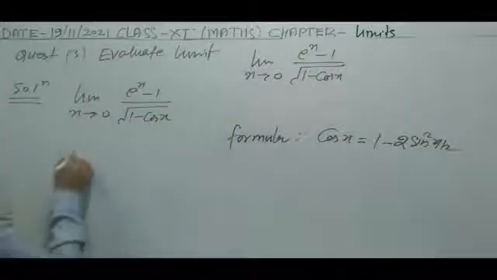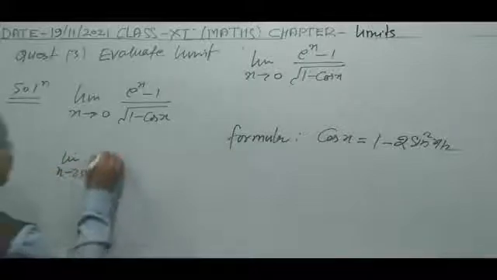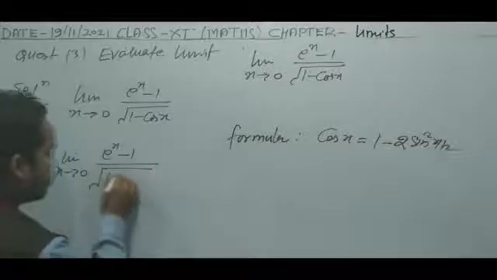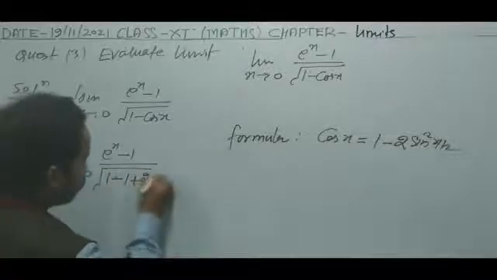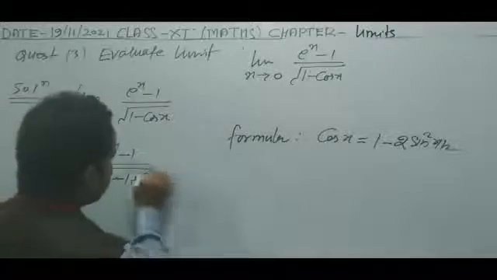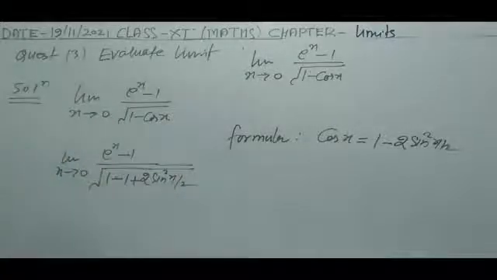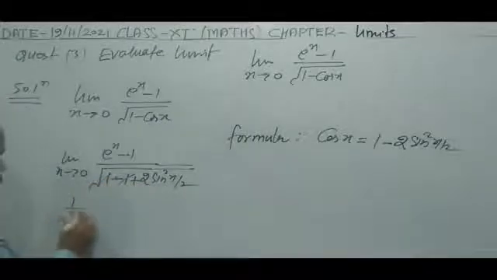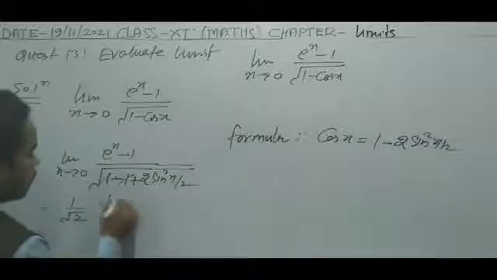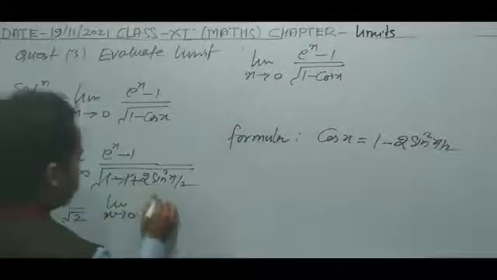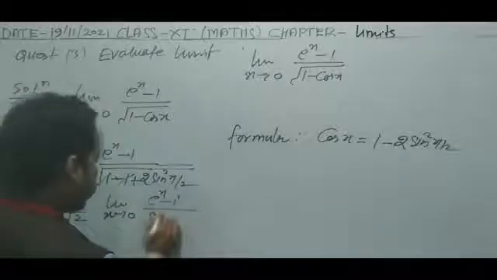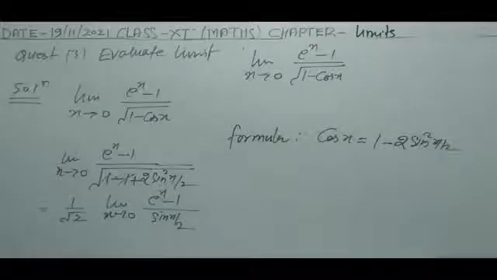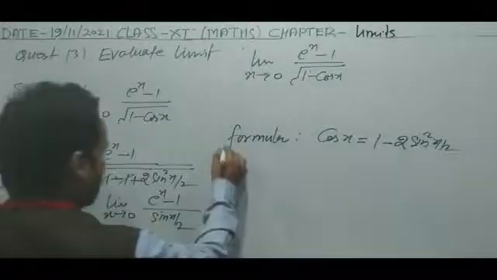So this expression will be limit x tends to 0 e to the power x minus 1 whole upon, this result is 1 minus 1 plus 2 times sin square x by 2, and this minus 1 plus 1 will cancel out and result will be 1 upon root 2. 1 upon root 2, that will be outside the limit. So limit x tends to 0 e to the power x minus 1 whole upon sine of x by 2. This step is clear.